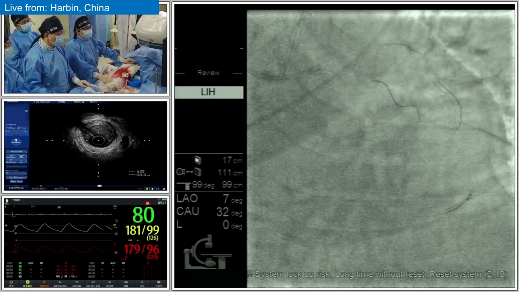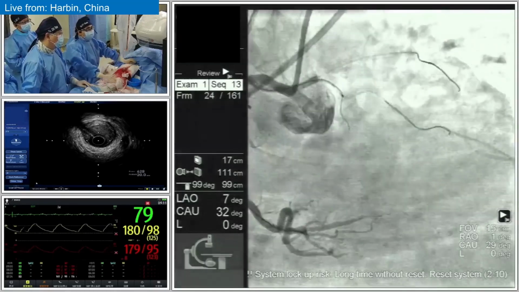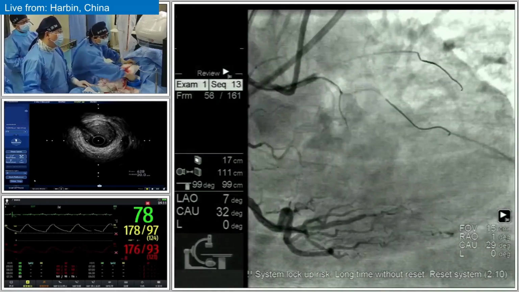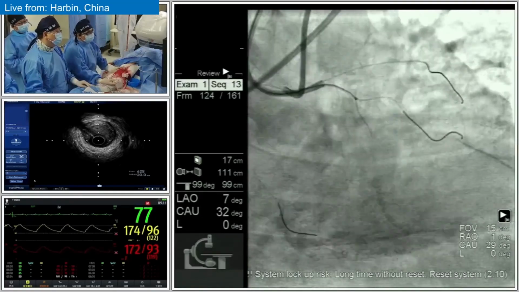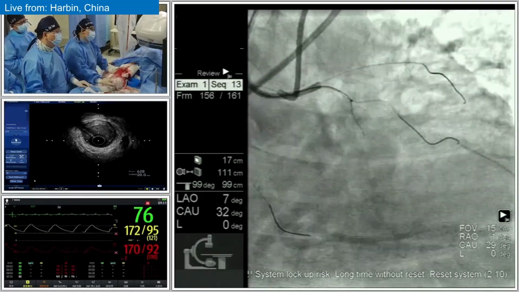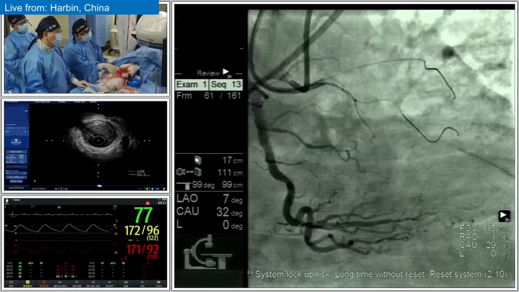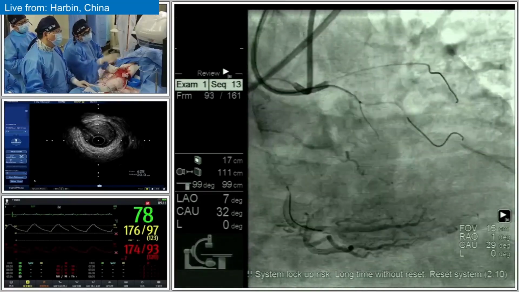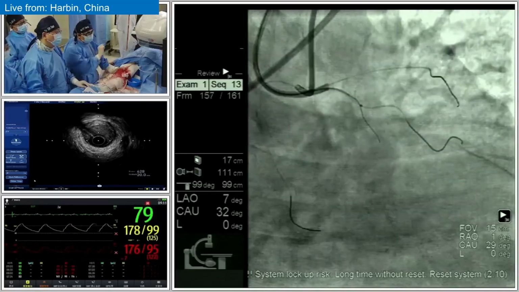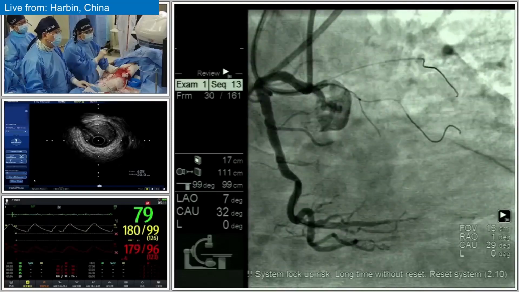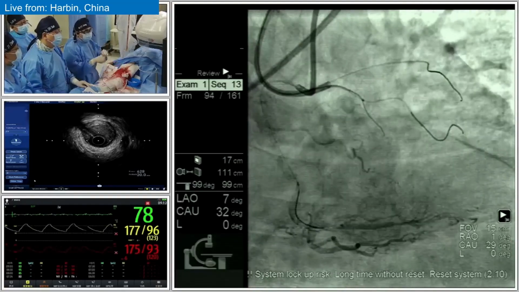Next, under the dual lumen micro catheter's assistance, the wire was advanced and successfully entered the segment of occlusion.